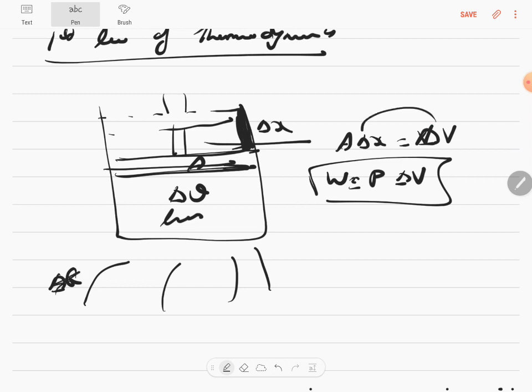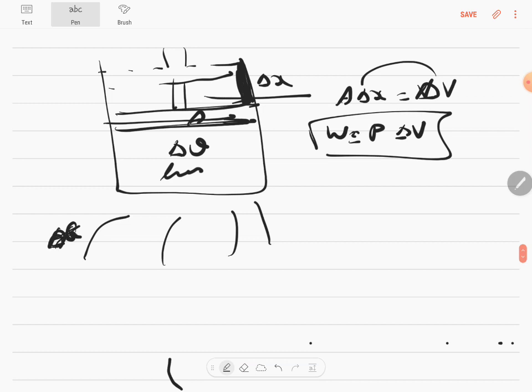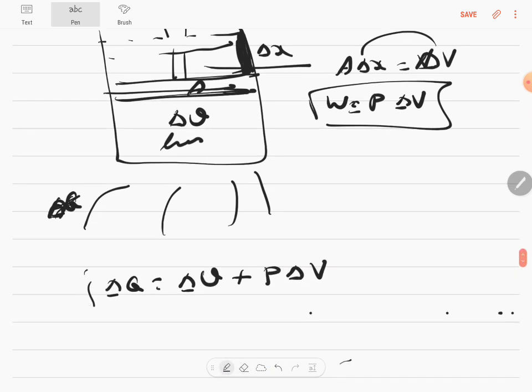The delta Q which is supplied goes about increasing the internal energy of the system, and also the system doing work on the surroundings. That is the gas pushing up the piston. The work done by the system on the surroundings is P into delta V. So this law is known as the first law of thermodynamics.